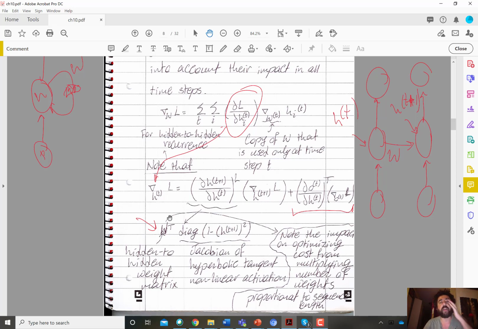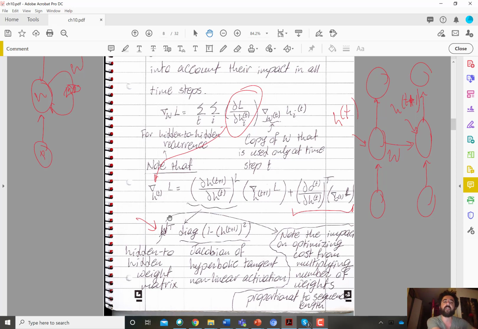So if I am at an early time step in the sequence, and I compute the gradient of the loss with respect to the hidden layer activation at that early time step, I have a large W raised by a large power contributing to the gradient. And the reason is very simple.